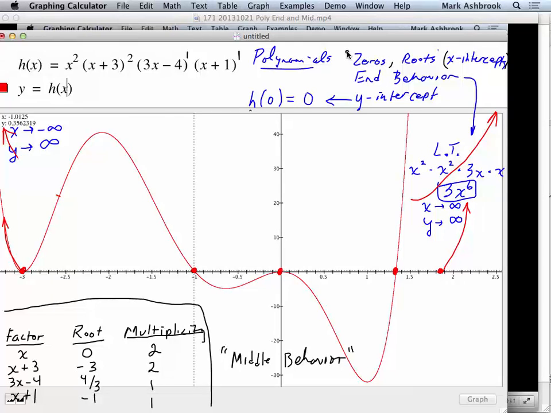Zeros, end behavior, the y-intercept, and then the root behavior, which we get from the multiplicities. So those are the 4 things we want to know really well. Okay, any questions on this new thing, multiplicities and root behavior?